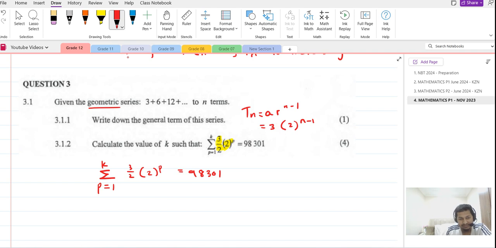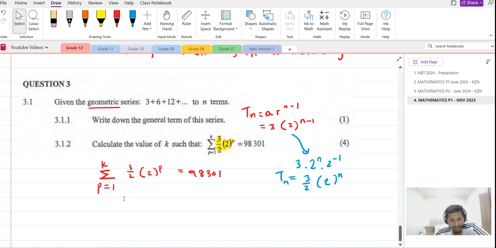If you observe the inside here, that's the same thing as the Tn formula, because you can break this up and write it as 2 to the power p times 2 to the power minus 1, times 3. 2 to the power minus 1 can go at the bottom, so that's 3 over 2 times 2 to the power n. You can also write your Tn formula like this.